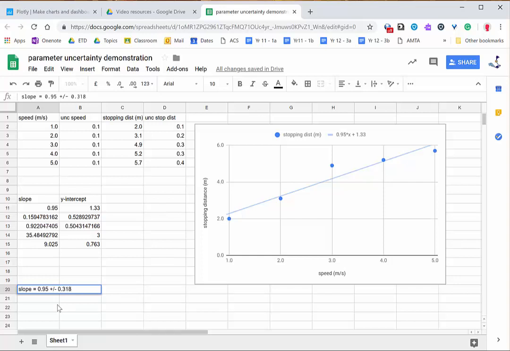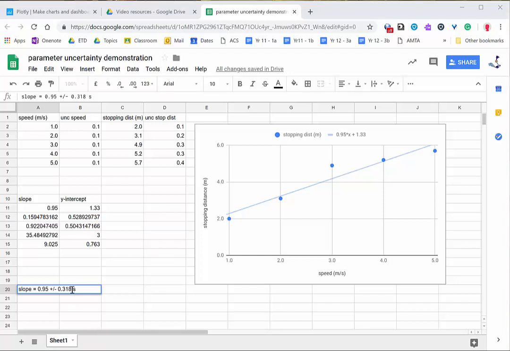Now, I'm going to write that there and then you may see what the problem is. I'm just going to put the units in here. This is actually seconds because it is how much the stopping distance increases per unit of speed. Don't worry about it too much.